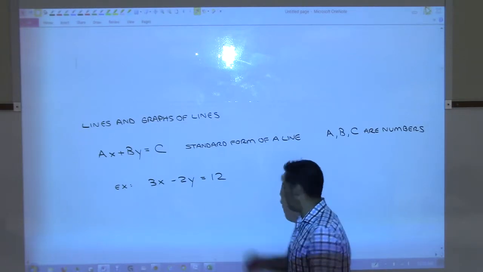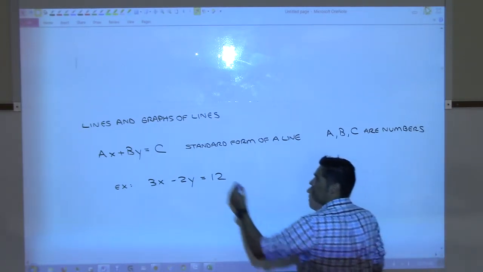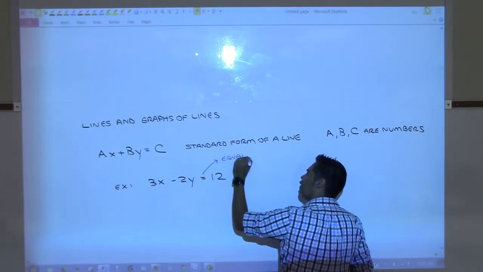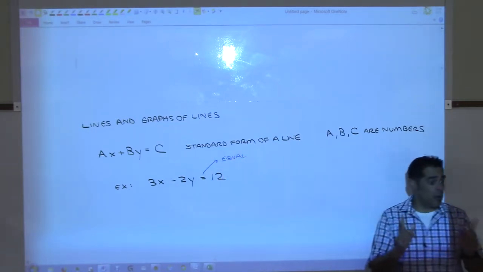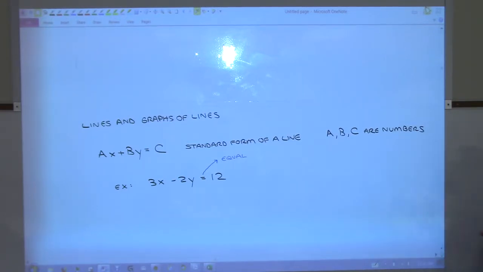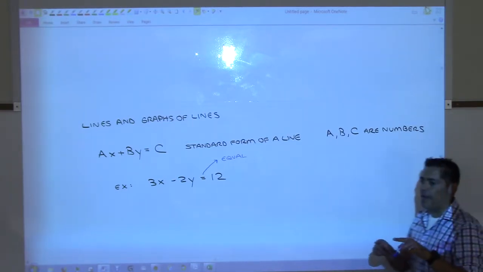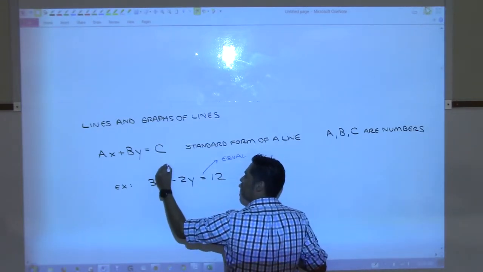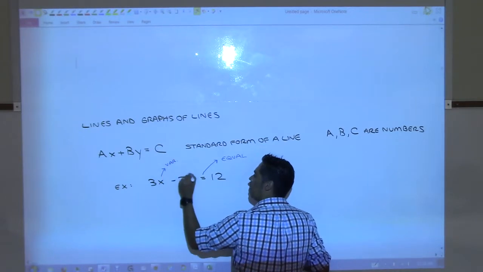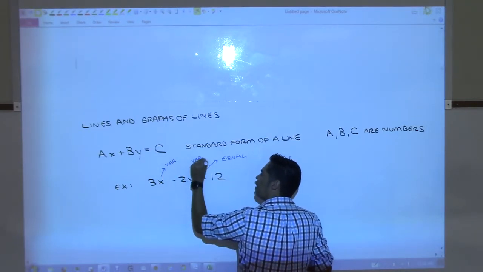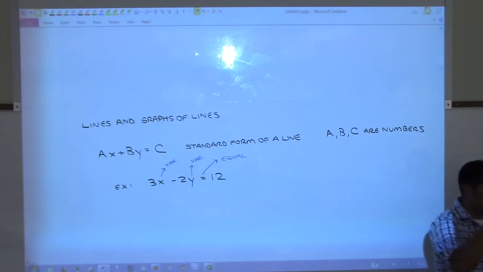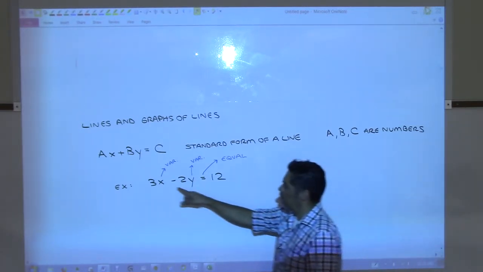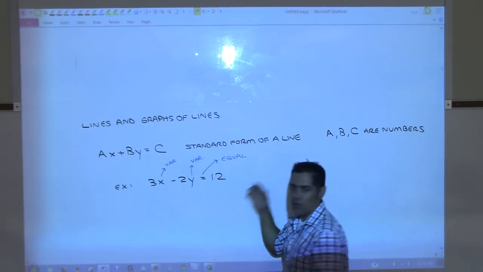Well, first, in order to be a line, we have to have an equal sign, right? So we have to have an equation, which we've done equations already, haven't we? But the equations we've done have had just one variable in them. Here, we have two variables. This is a variable, and this is a variable. So we have x and y both appear in the equation. When you have two variables and an equal sign, you're looking at a line.